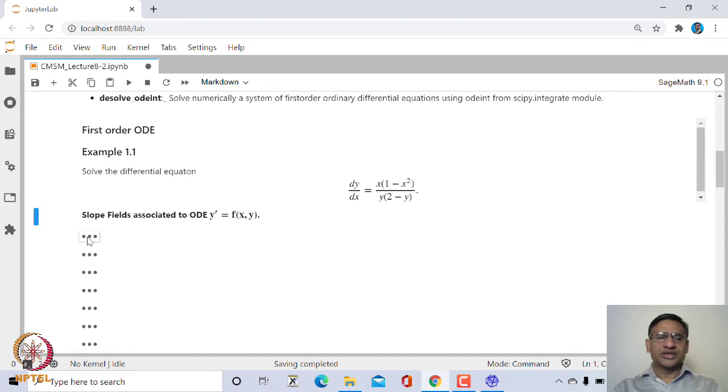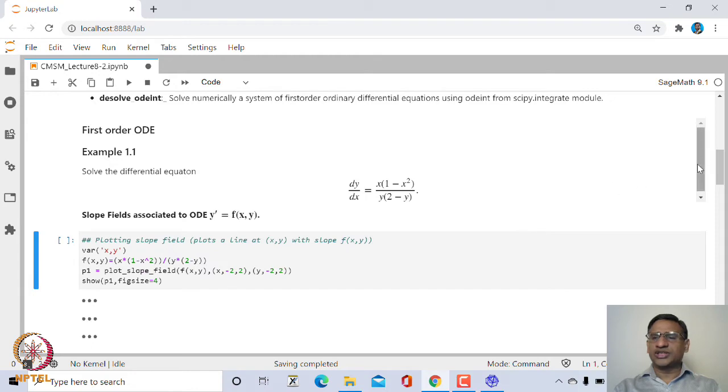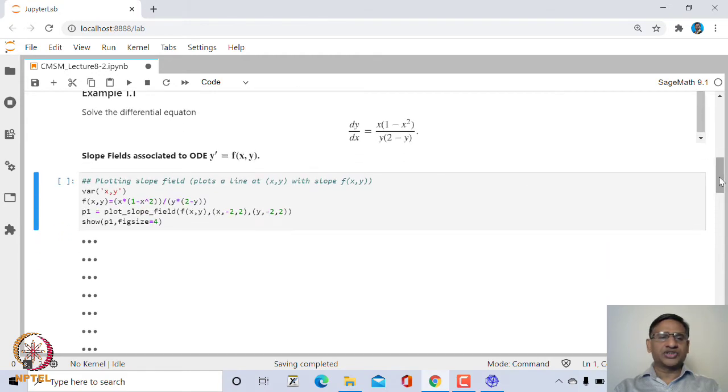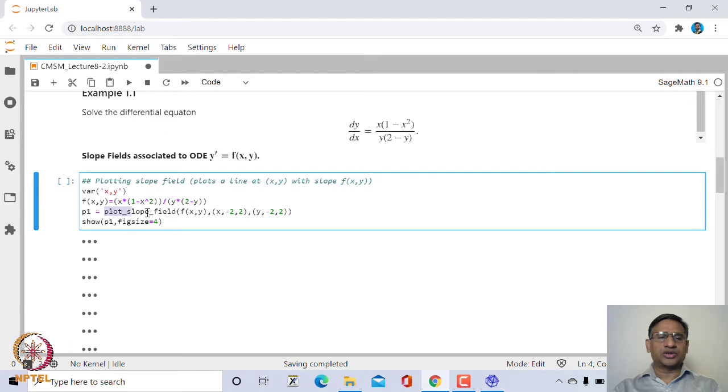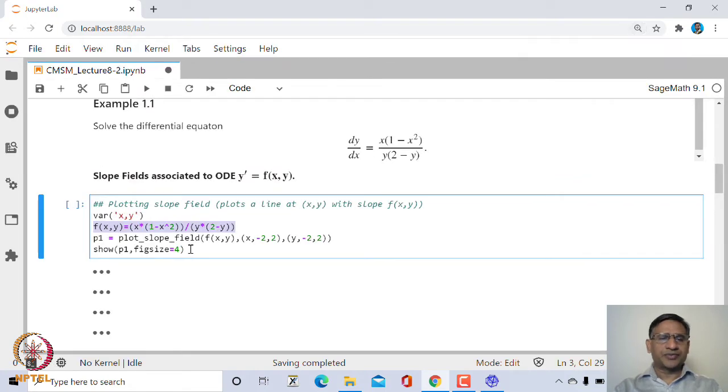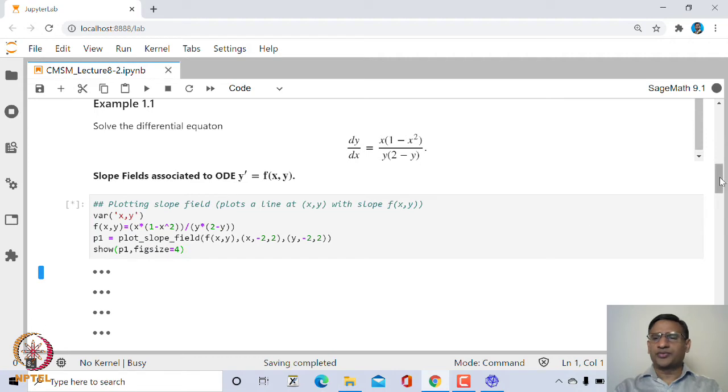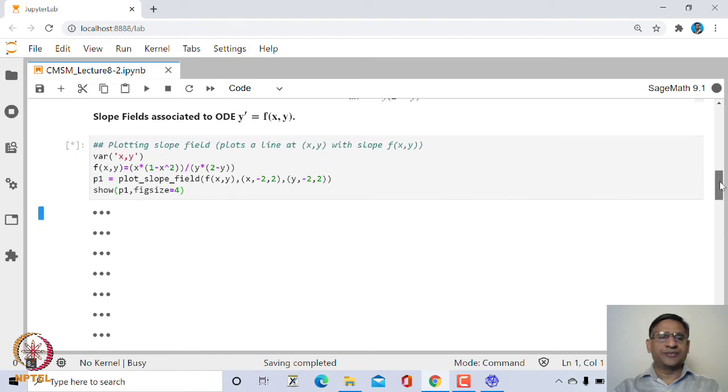So let us see how we can plot. Sage has an inbuilt function known as plot_slope_field in order to plot the slope field of a given function, right. So here we define f of x, y equal to the right hand side of this ordinary differential equation, and then we use plot_slope_field, and let us reduce the figure size to 4, and then you will see, right.